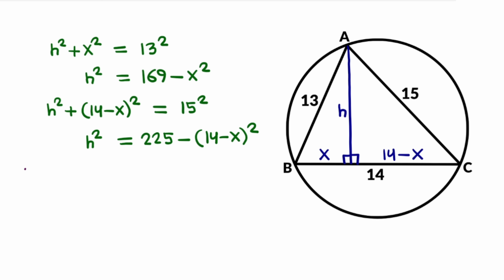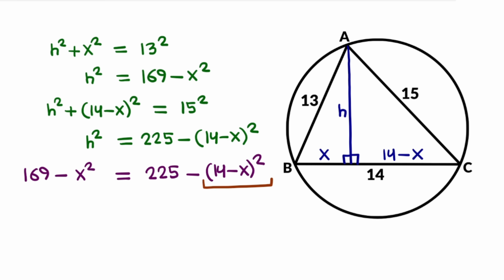So we can write 169 minus x squared equals 225 minus the quantity 14 minus x, all squared. Let's expand the quantity 14 minus x, all squared.